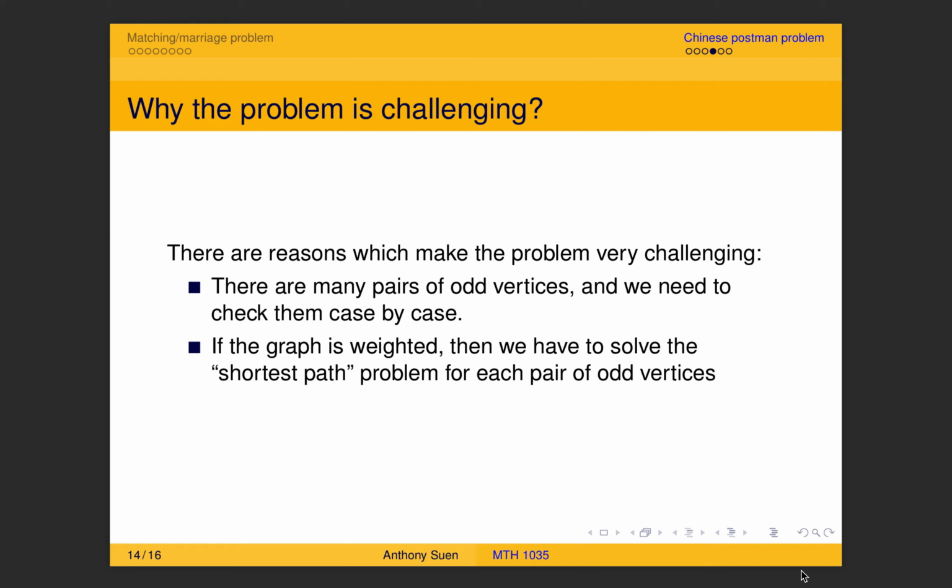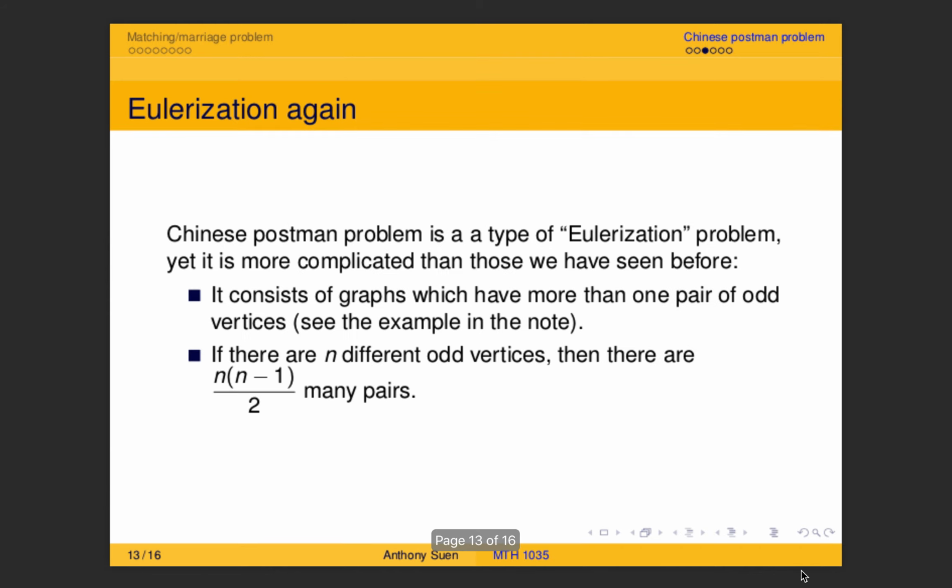That means you can have 0 odd vertices, or 2, or 4, but you can never have 7 or 9 or 11 odd vertices, because by the handshaking lemma, the number of odd vertices must be even. If you have 4 odd vertices, then you already have 6 pairs, and the number becomes larger and larger according to this formula.